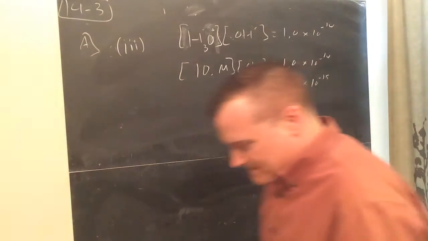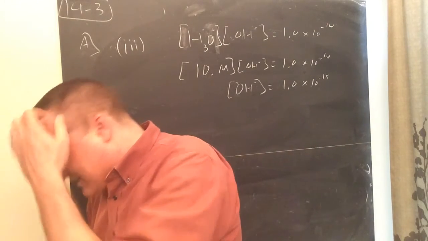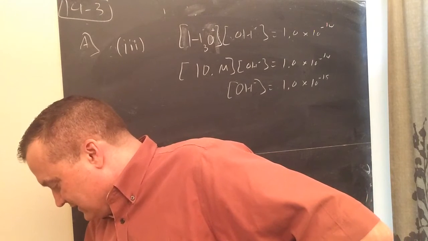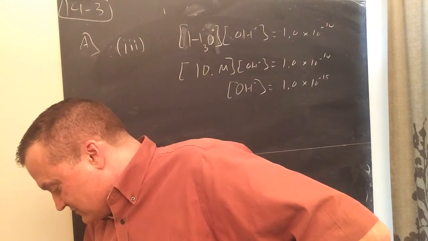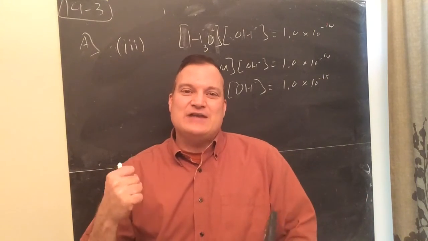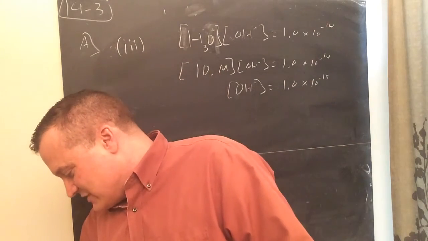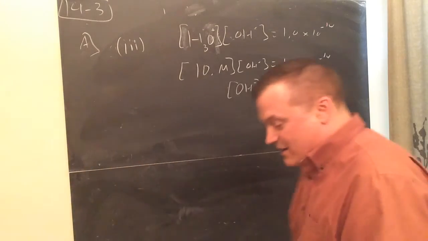All right. B says, at 60 degrees Celsius, Kw changes to 1 times 10 to the negative 13. Is the following reaction, they call it auto-ionization of water, that means when H2O plus H2O bumps into each other, endothermic or exothermic, and explain why or why not?